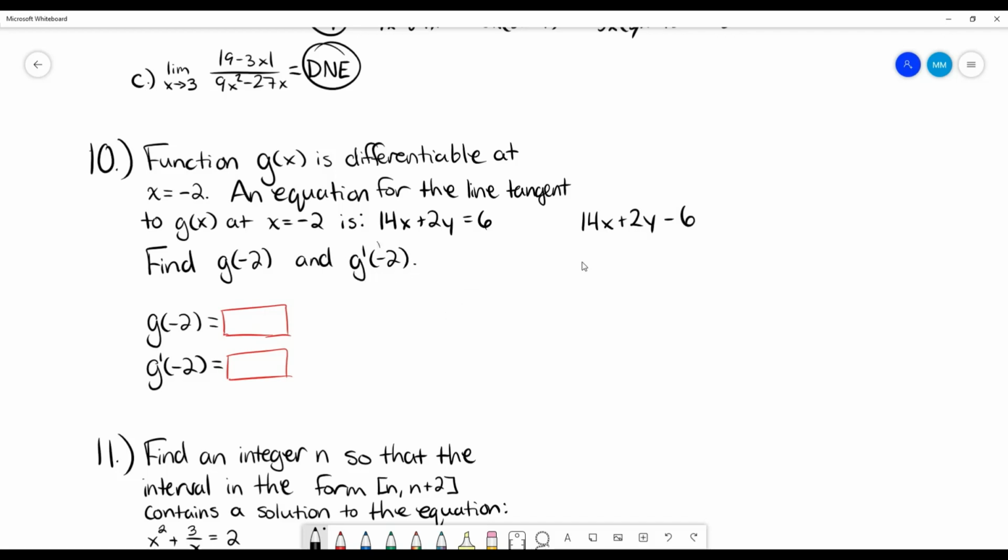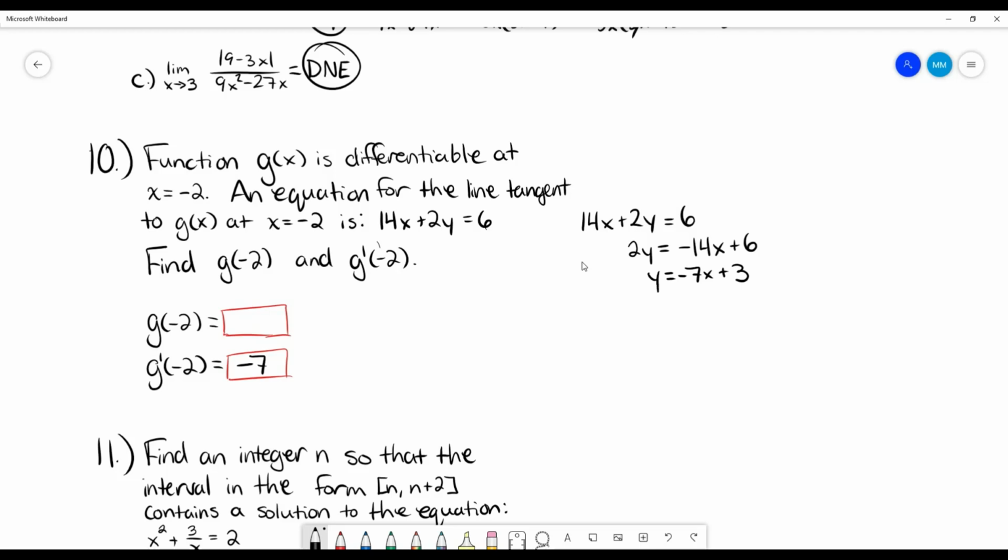So let's put this in terms of y, make it easier on ourselves. It's going to be like this, then y equals -7x plus 3, and our slope is -7, so that tells us that g prime of -2 is -7.